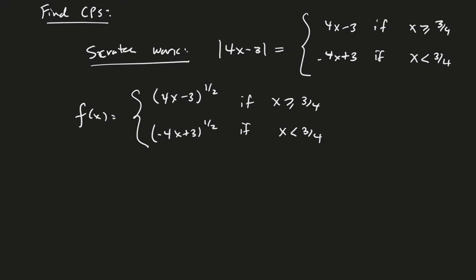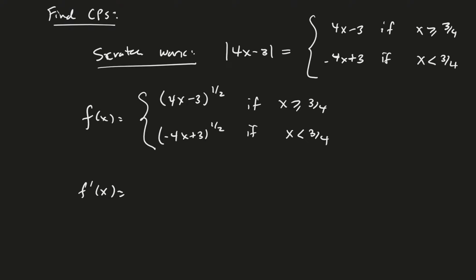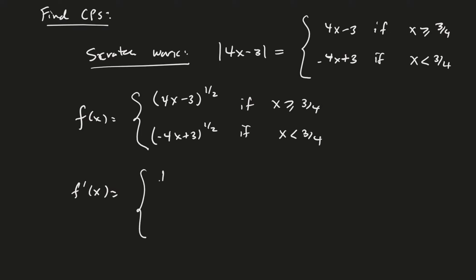So then, can we take the derivative now? Let's see, f prime of x will be equal to either 1/2 times 4x minus 3 to the minus 1/2 times 4 if x is greater than 3/4, and then it'll be 1/2, same thing, right?